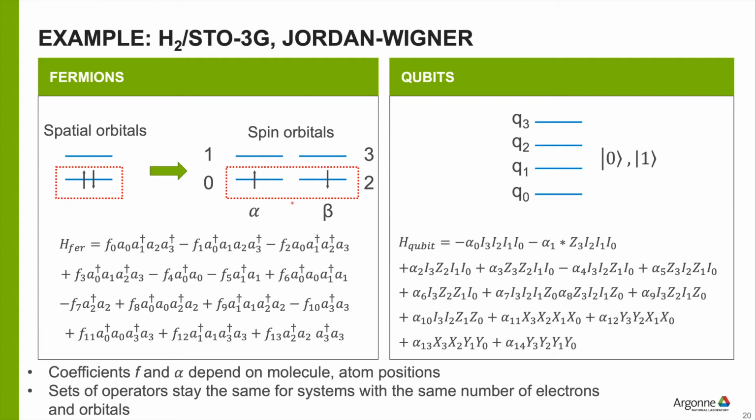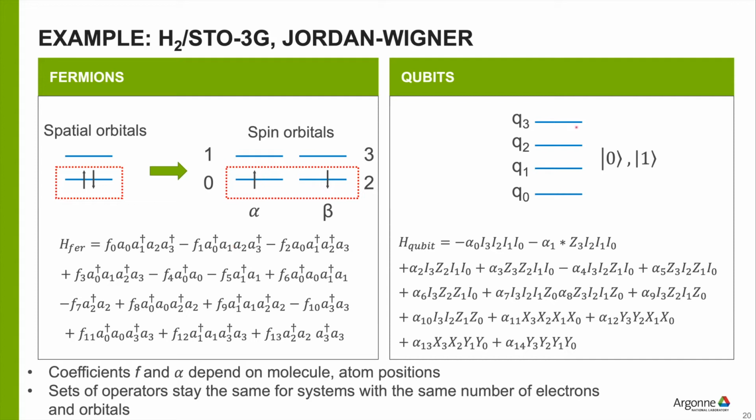So we have our molecule in terms of spin orbitals, where here we have a hydrogen molecule with 2 electrons in a minimal basis set, with 1 electron on the alpha orbital and 1 electron on the beta orbital, and the fermionic Hamiltonian looks like this, where these are coefficients that depend on the electron integrals, and these are creation and annihilation operators that create or remove electrons from a certain orbital.